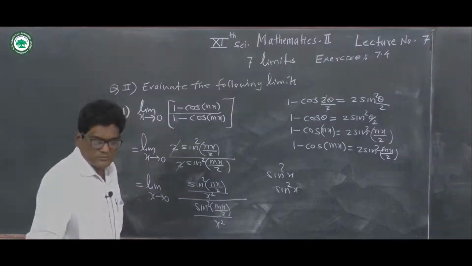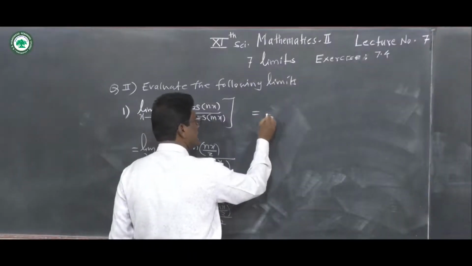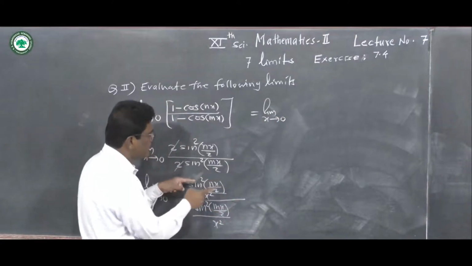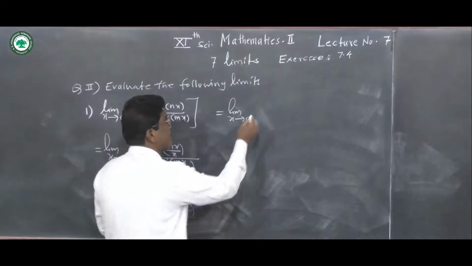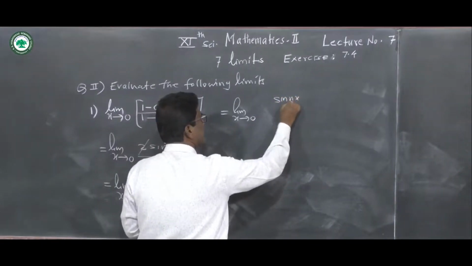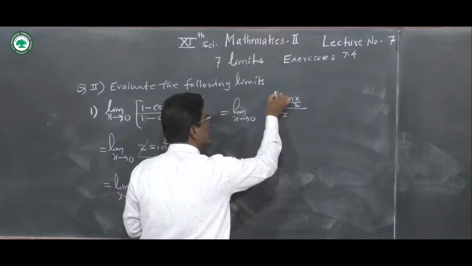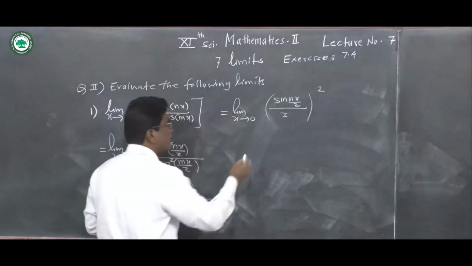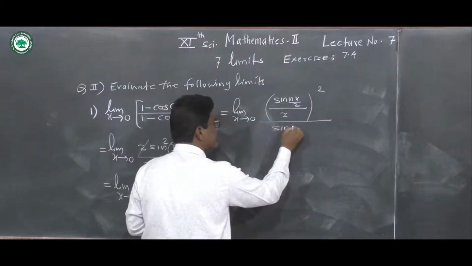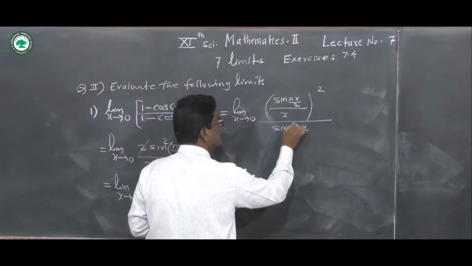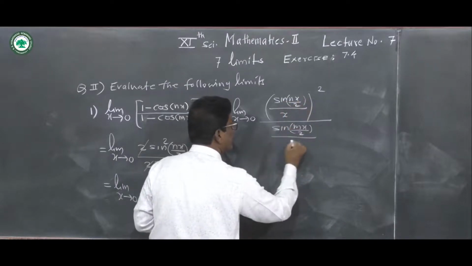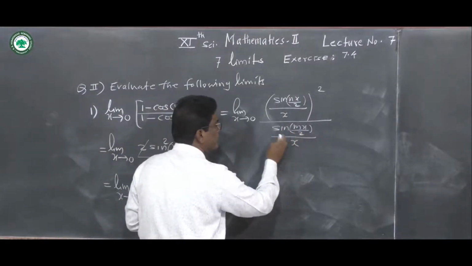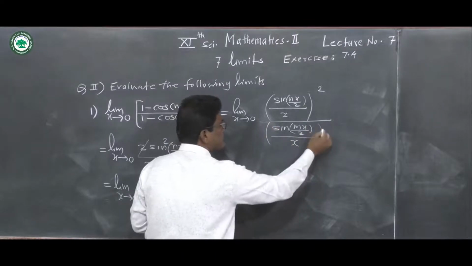Now it is equal to limit as x tends to 0. This square and this square we write in the same bracket, that is sin nx divided by 2, divided by x, and whole square, and in the denominator sin mx divided by 2, divided by x, bracket square.